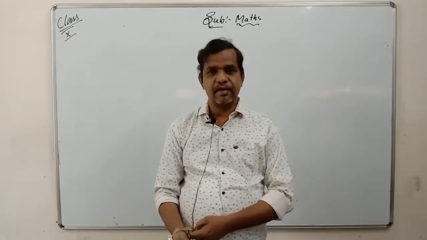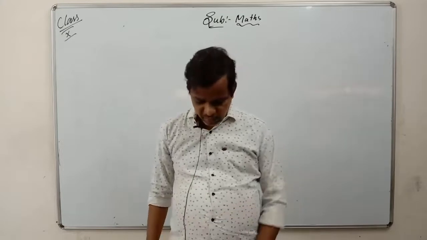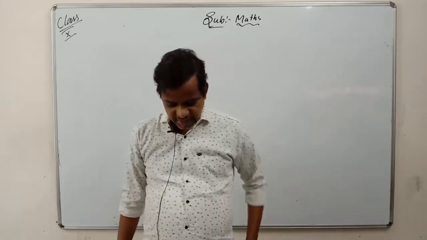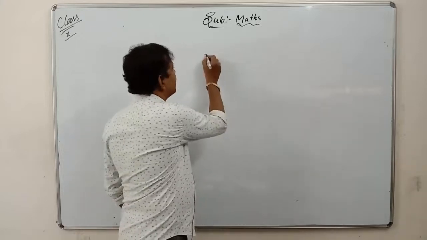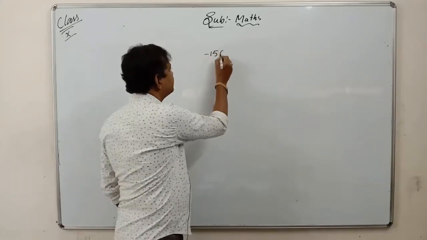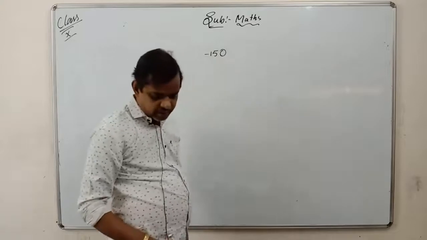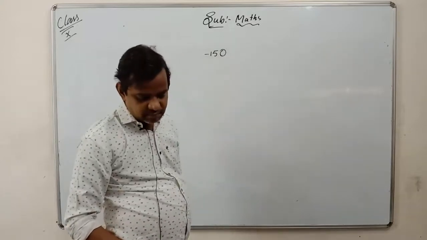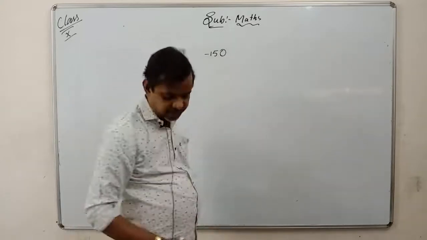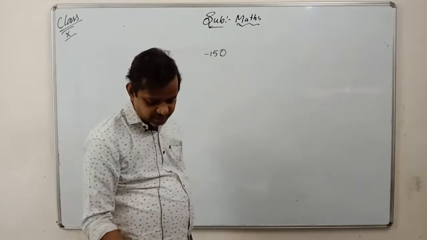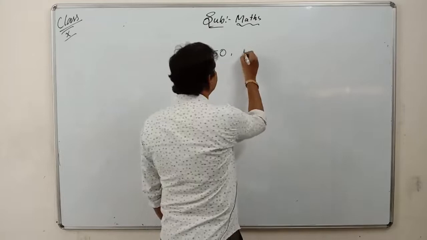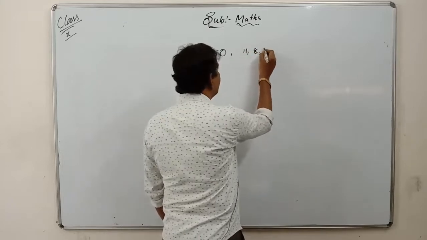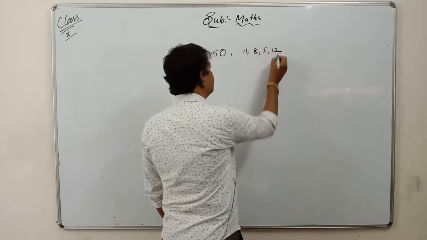Next is the sixth one. So what is this question? He has given: check whether minus 150 is a term of the AP 11, 8, 5, 2.